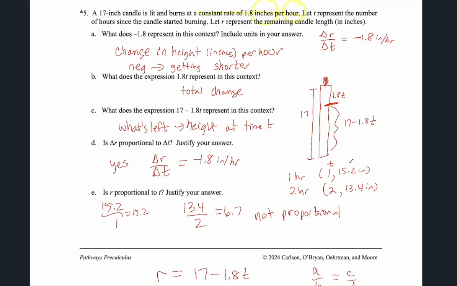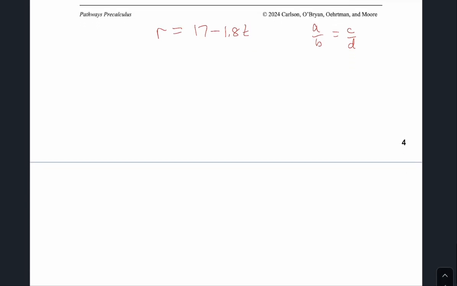So a rate of change, let's look at the change in R over the change in time, and I think that's going to help you. So here, I did an R and a T. Okay, let's do a delta R and a delta T. If I know that I have burnt the candle for 2 hours, so that is my change in time, my candle will have gone down 3.6 inches.